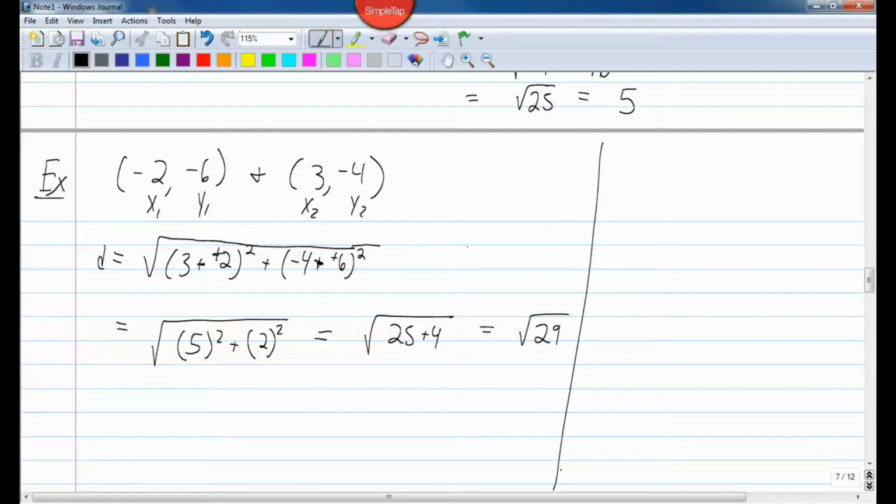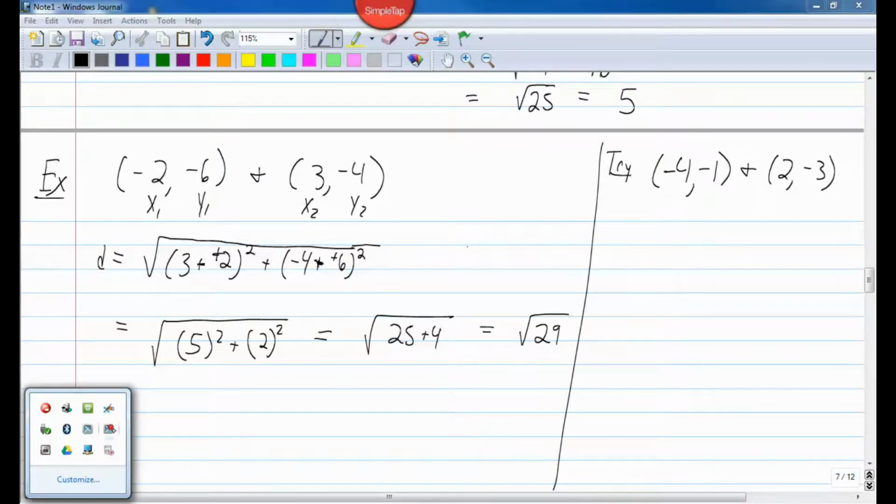Alright. Now I want you to try one on your own. So find the distance between these 2 points: (-4, -1) and (2, -3). Take a minute and work that.